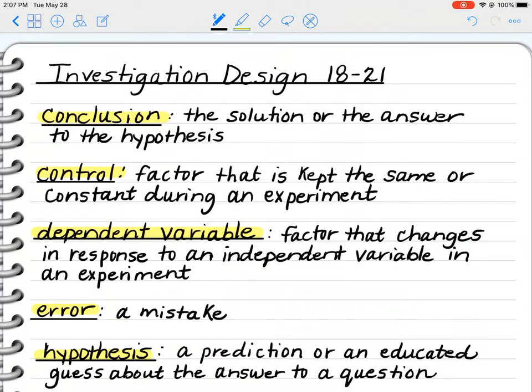We say that we support the theory, or that what we find is consistent with the theory, but you really can't definitively answer most questions. You can say that it is very, very likely or very, very unlikely, but you really have to be careful saying that you are sure that this is the solution. So I'm a little bit hesitant to use the word solution, but that's what your book uses, and I'll stick with that. But a conclusion is a statement that something is supported or not supported.